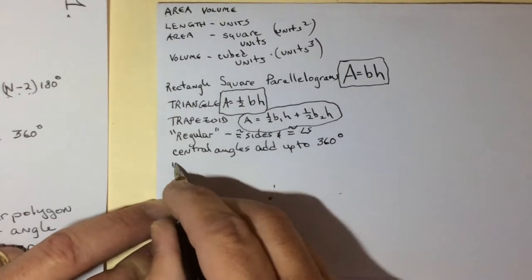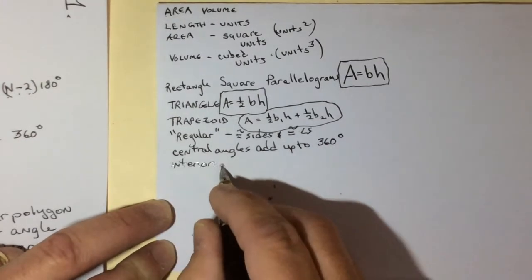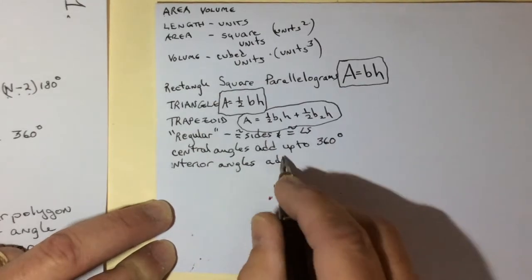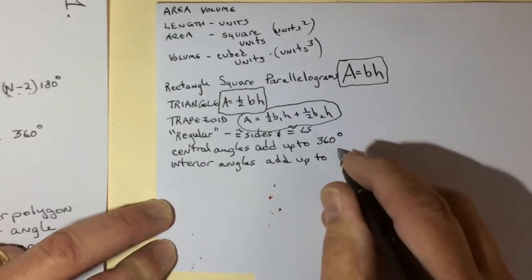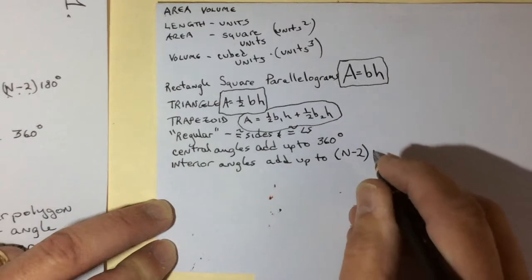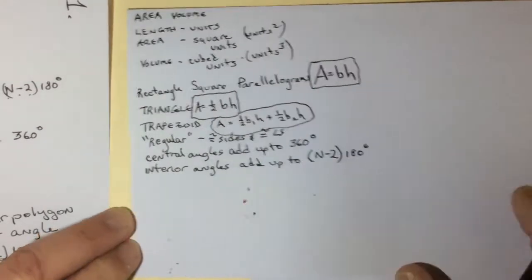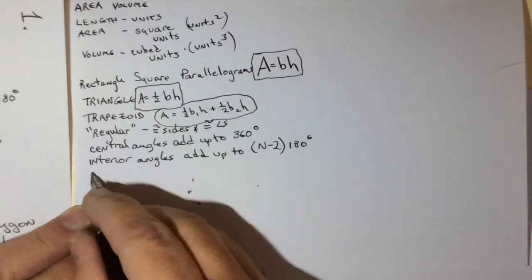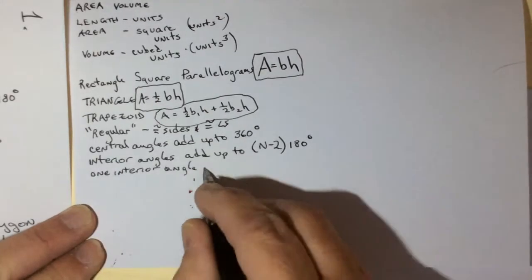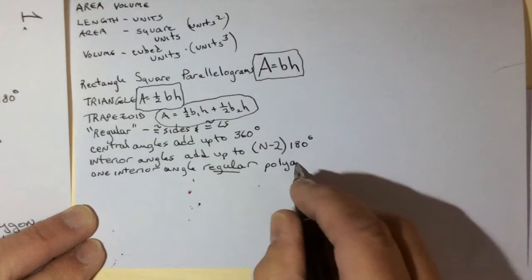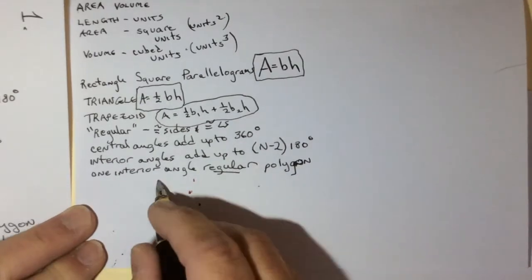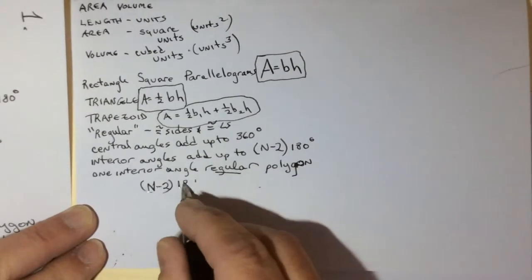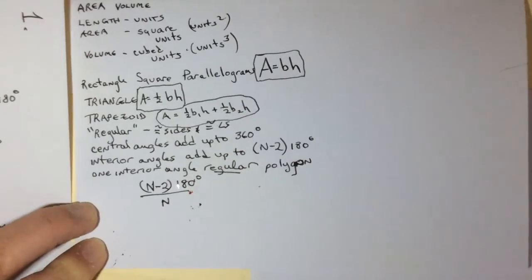Interior angles of any polygon add up to the number of sides minus 2 times 180 degrees. And if you want to find one interior angle of a regular polygon, you find the sum of the interior angles and then divide by how many there are, because they're all equal size.